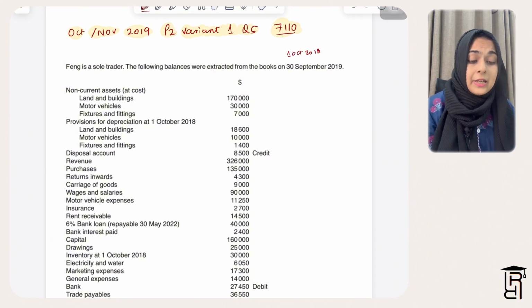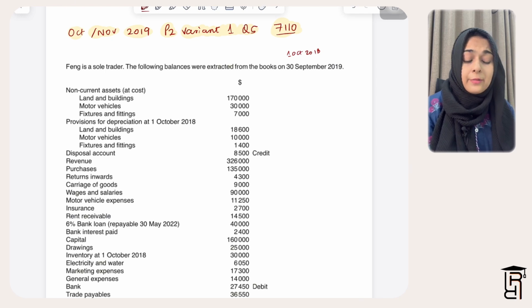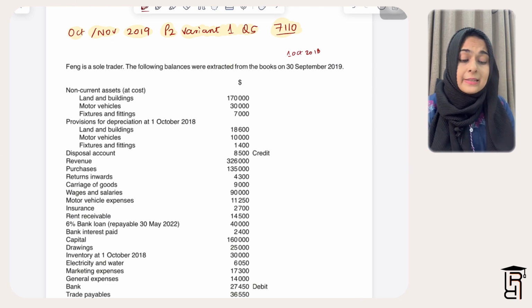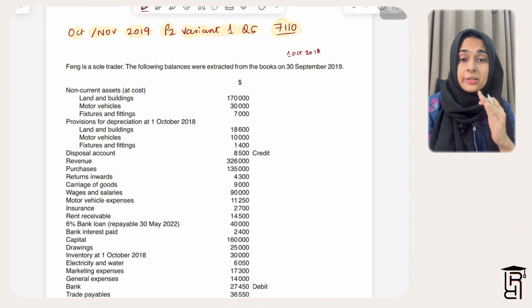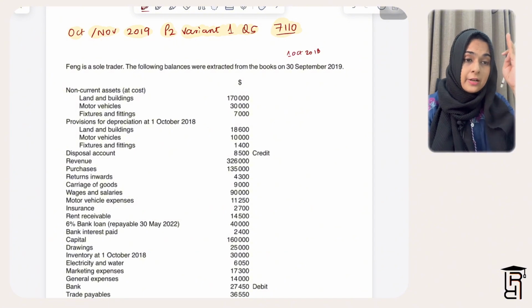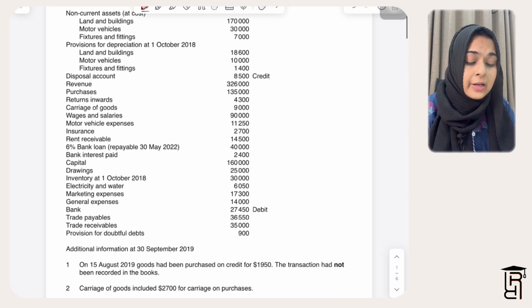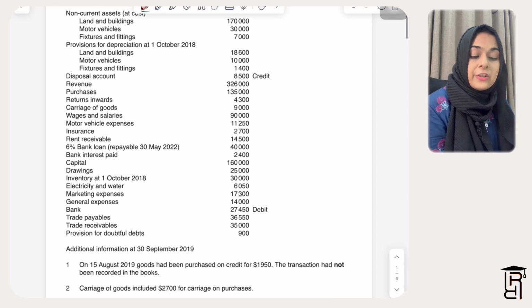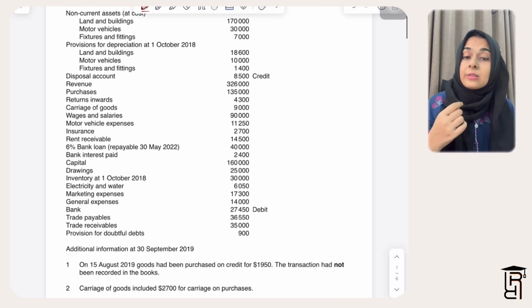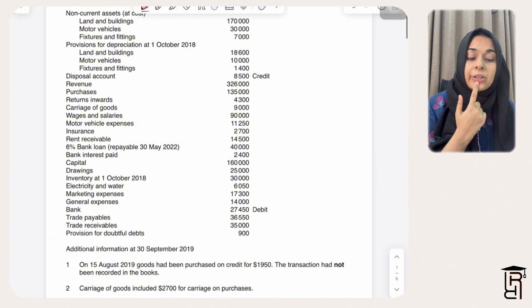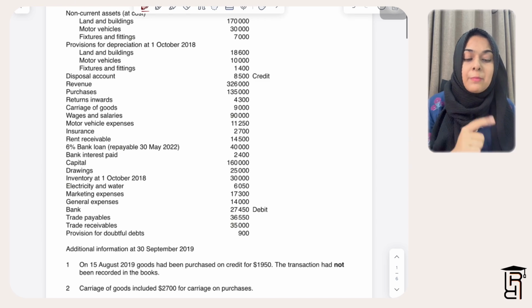They've given you so many balances here. This is a list of balances. It's not exactly a trial balance because it's not a debit and a credit, but it's just all the balances together. When I was a student, I always wanted to be sure of the values that I am taking from the question, so I would actually number both sides.